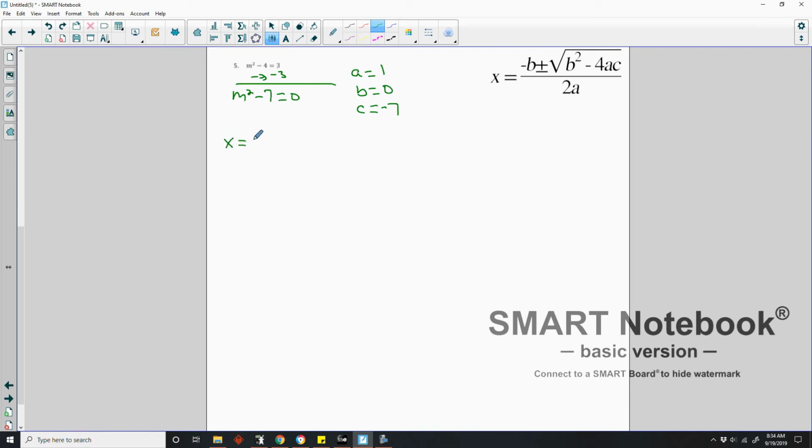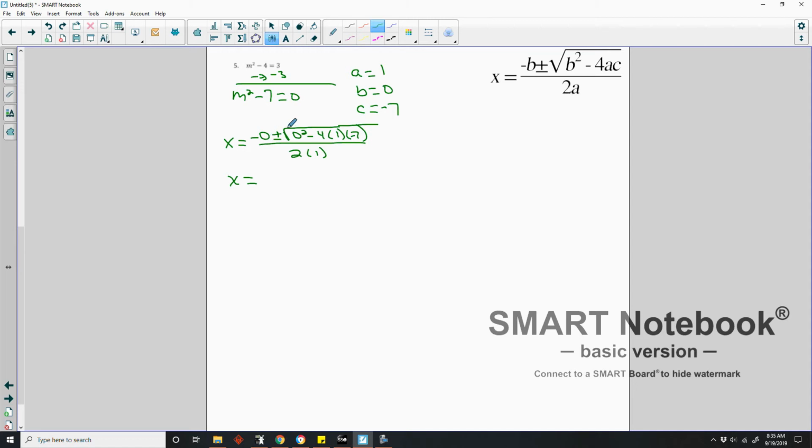So here we go. x equals negative b plus or minus the square root of b squared minus 4ac, all over 2a.